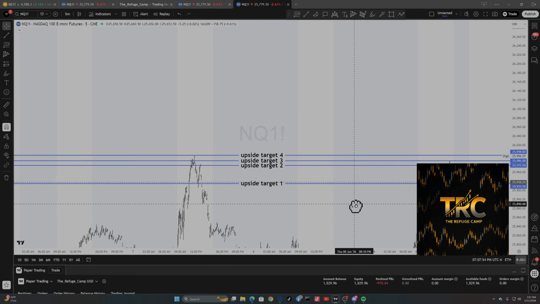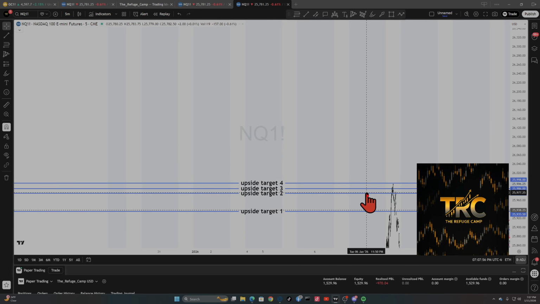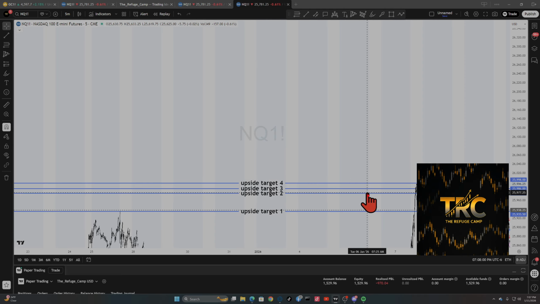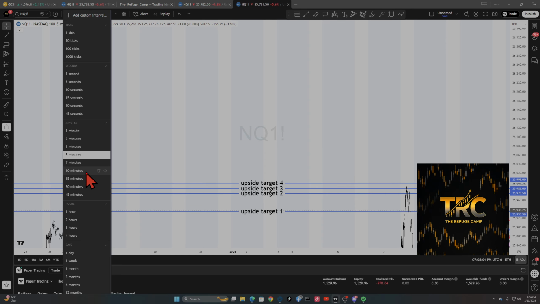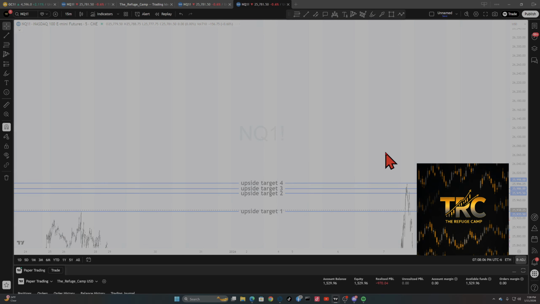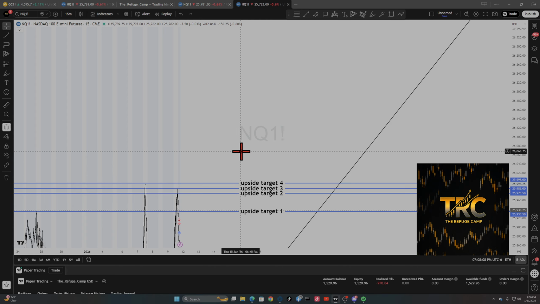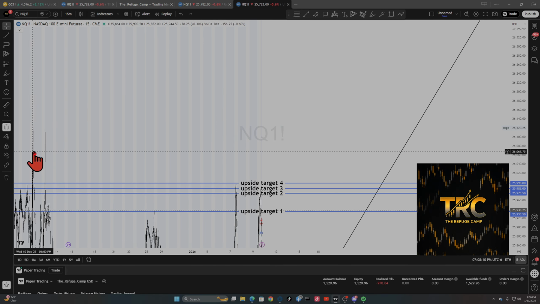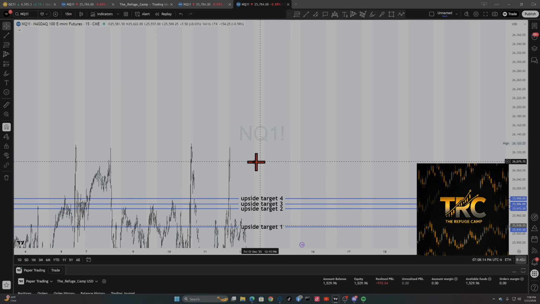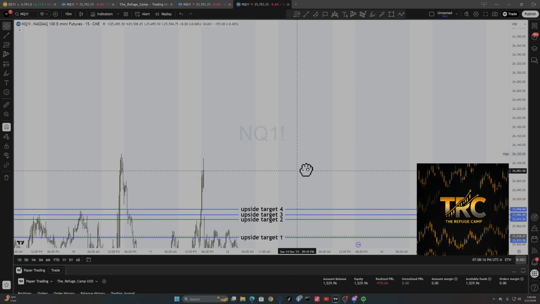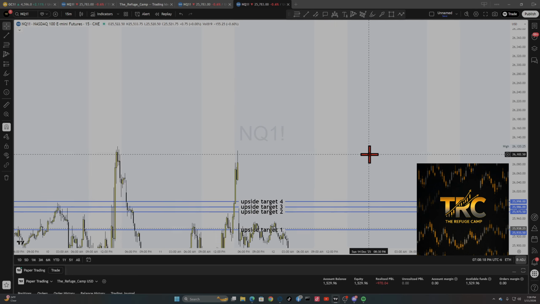What target would make more sense above these levels? Zooming out, I don't see it on a 5-minute. There's not enough data there, so I have to go back to the 15-minute with my targets in place and look left. Well, look, we already start seeing a bunch of rejections, right? So let's go look at the level where that rejection occurred.